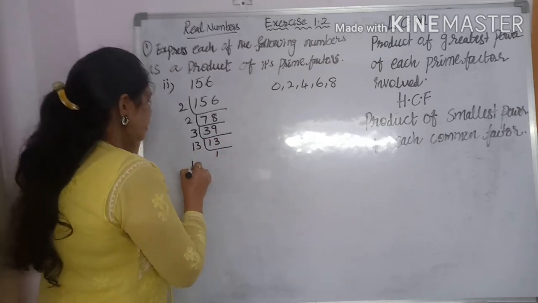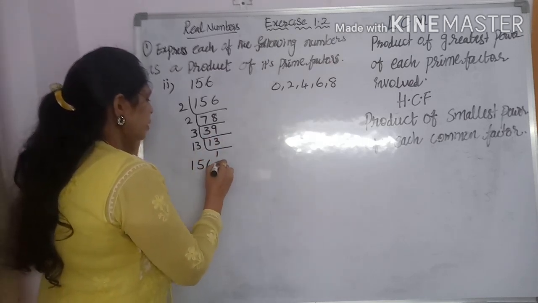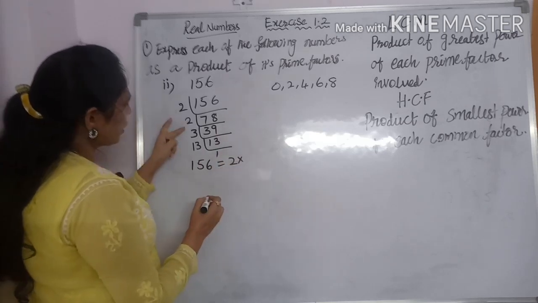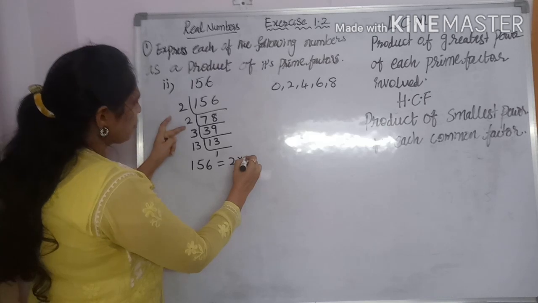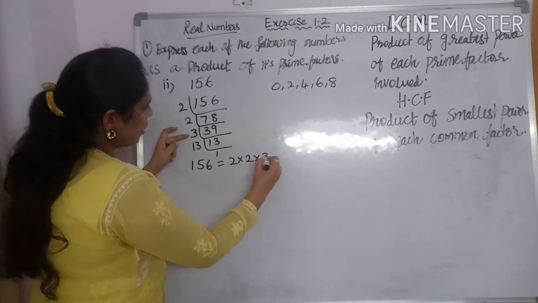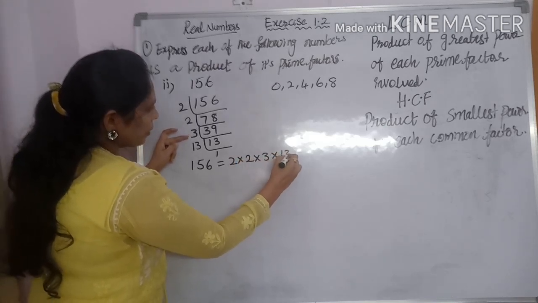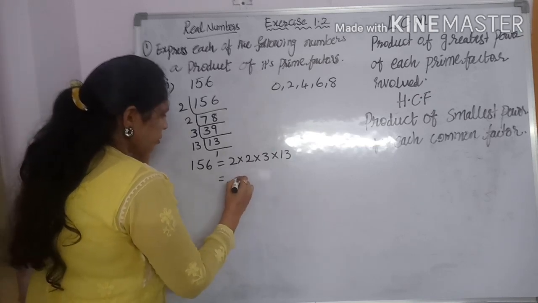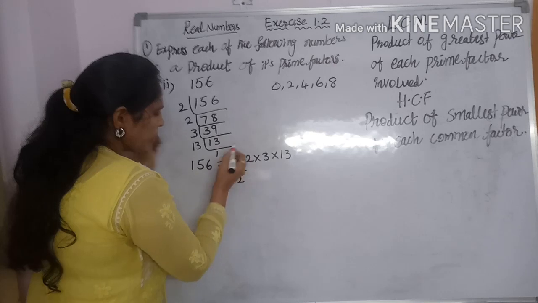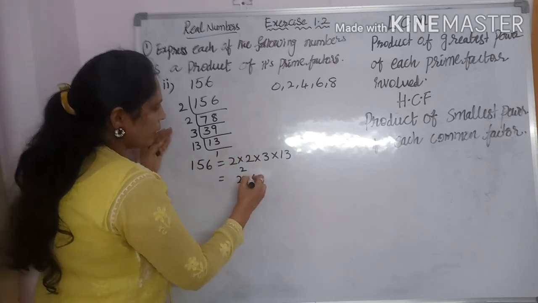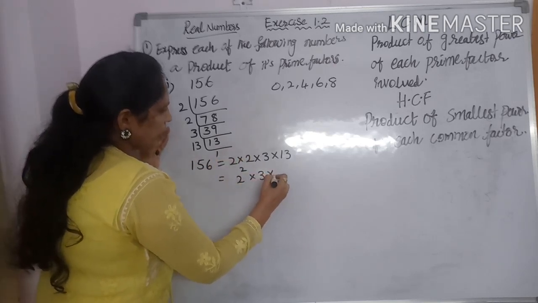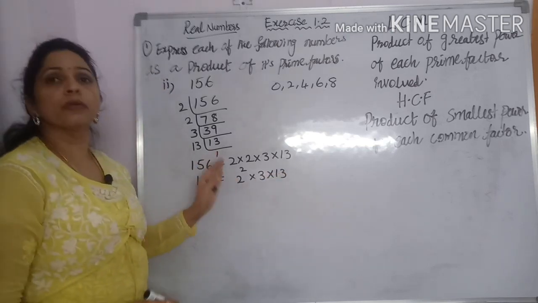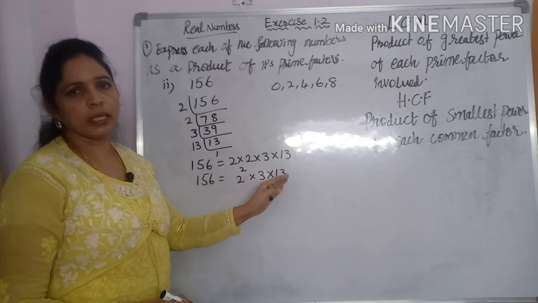So 156 can be expressed as 2 into 2 multiplied by 2 multiplied by 3 multiplied by 13. So I can write it as 2 square. How many 2's are there? 2 times. So 2 square into 3 into 13. 156 is equal to 2 square into 3 into 13.